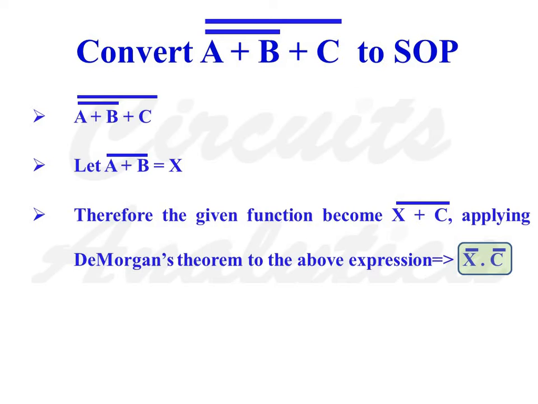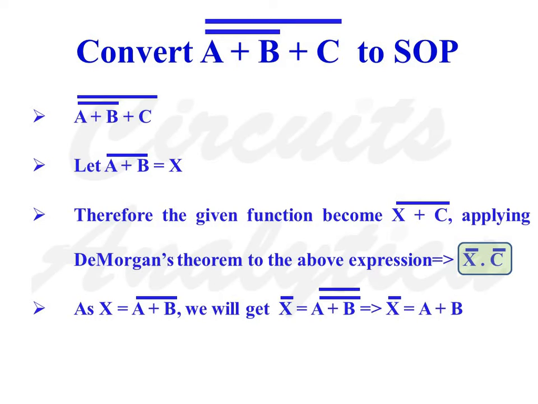Applying De Morgan's theorem to the above expression, that becomes x bar and c bar. As x is equal to (a + b bar) the whole bar, we will get x bar is equal to a + b double bar. That means x bar is equal to a + b.